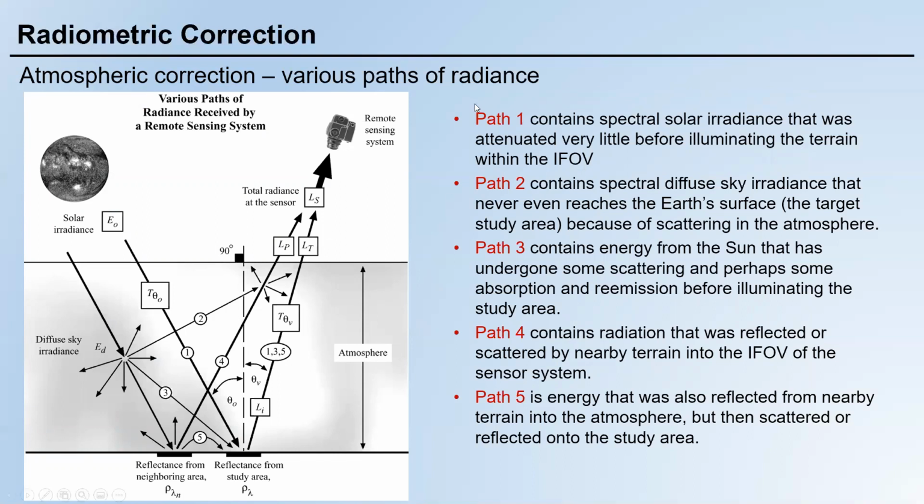So usually there are 5 paths of EMR when they travel through the atmosphere. Path 1 is here, path 2, path 3, path 4, path 5. And you can see here on the right side, this surface is the study area, the area we care about.